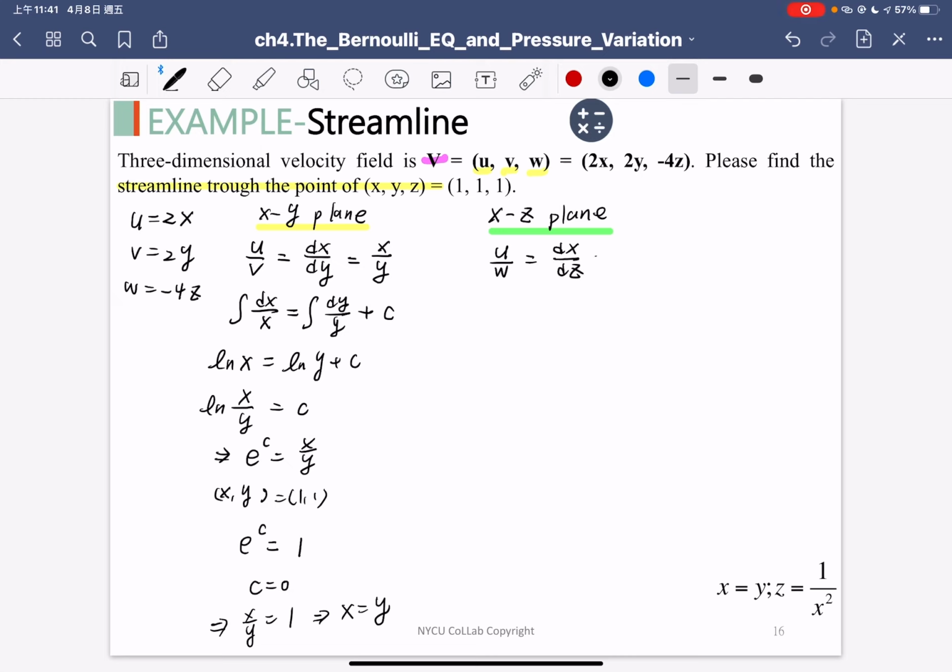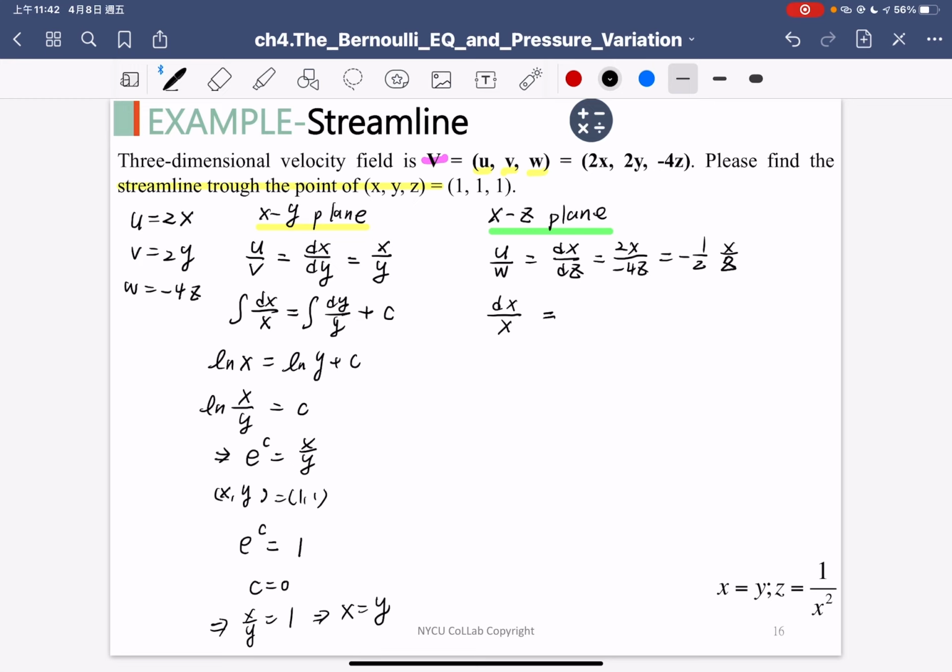And I put u as 2x and w as minus 4z. So I know that here it is minus 2 over 1, x divided by z. I also put the same parameters together.